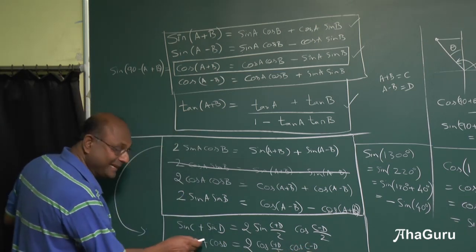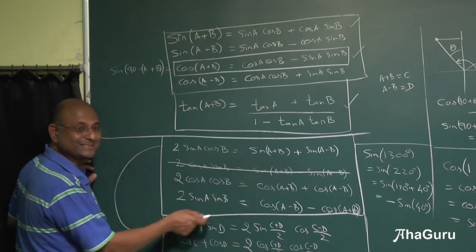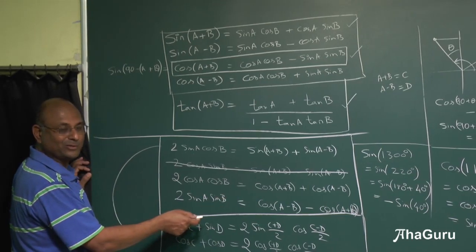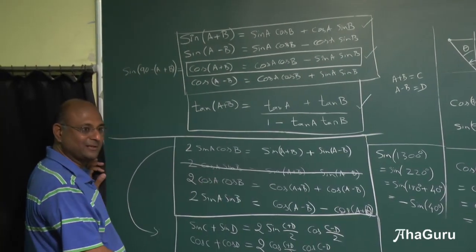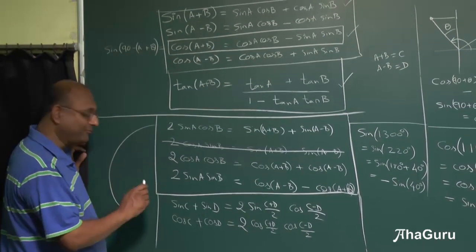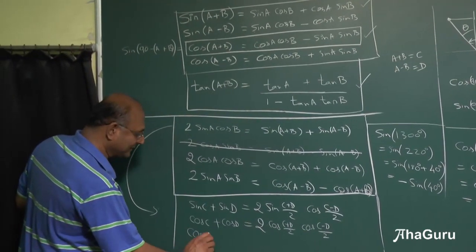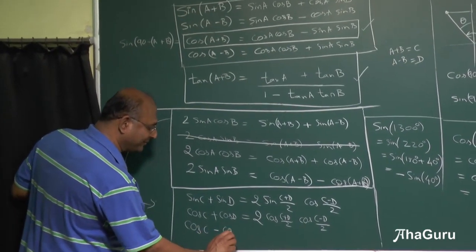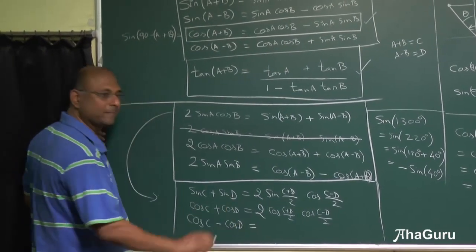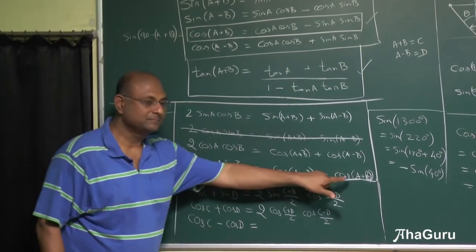But you see, if I put a minus sign here, I cannot take it inside the cos, because cos of minus D is still plus cos. So I do need, unfortunately, a separate formula for cos of C minus cos of D.